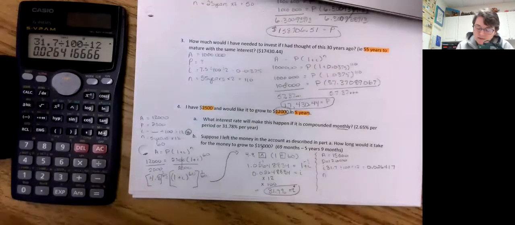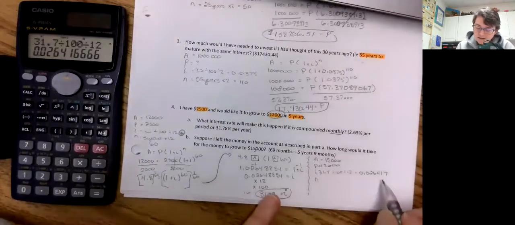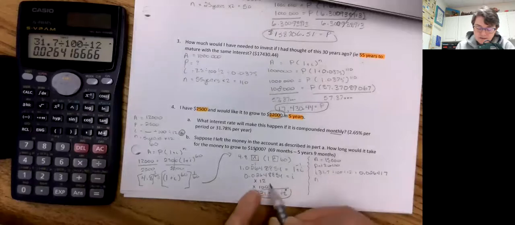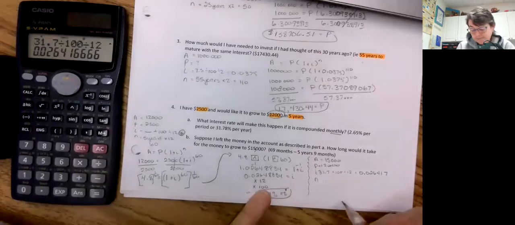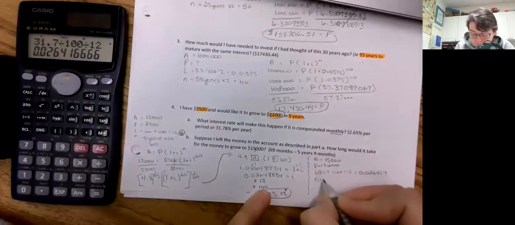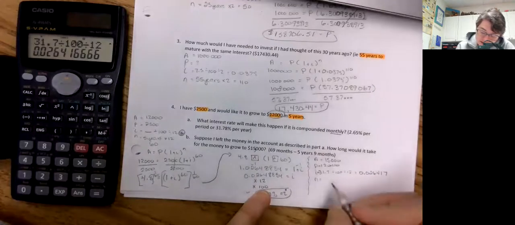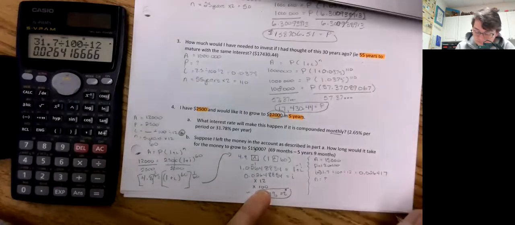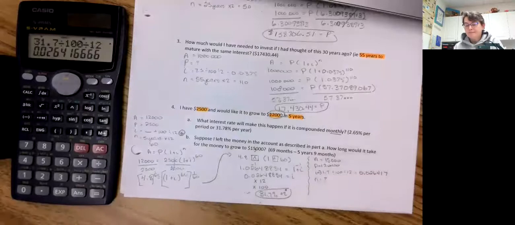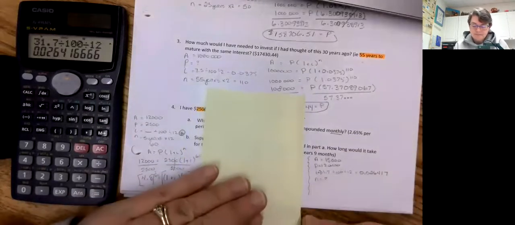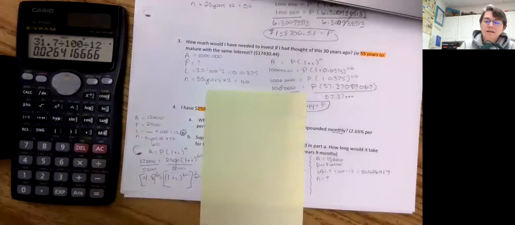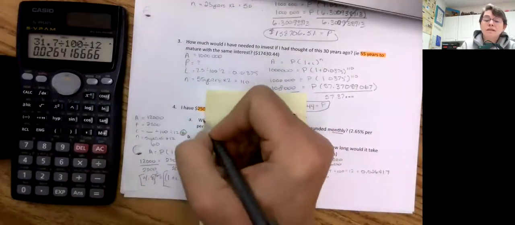I'm going to say that's enough decimal places. Which is basically what was here. I did some rounding there too. And n, we don't know. I will include this in the answer key.